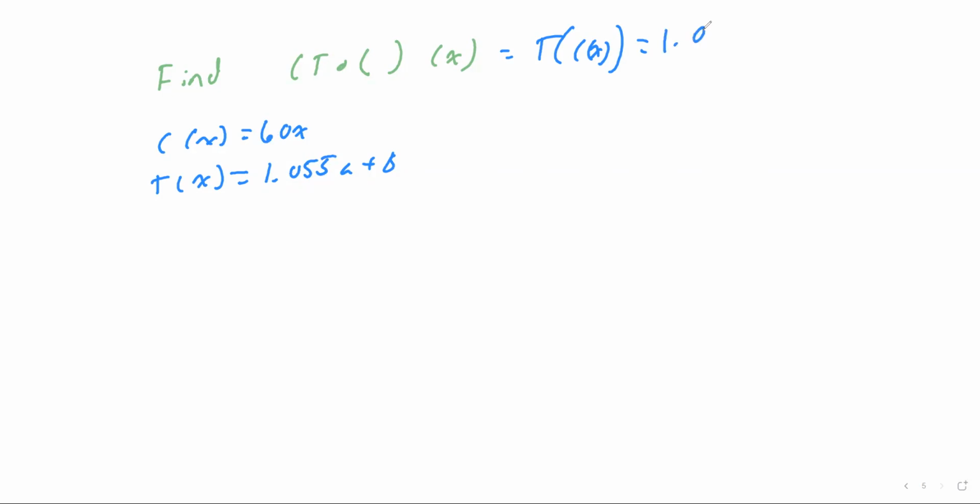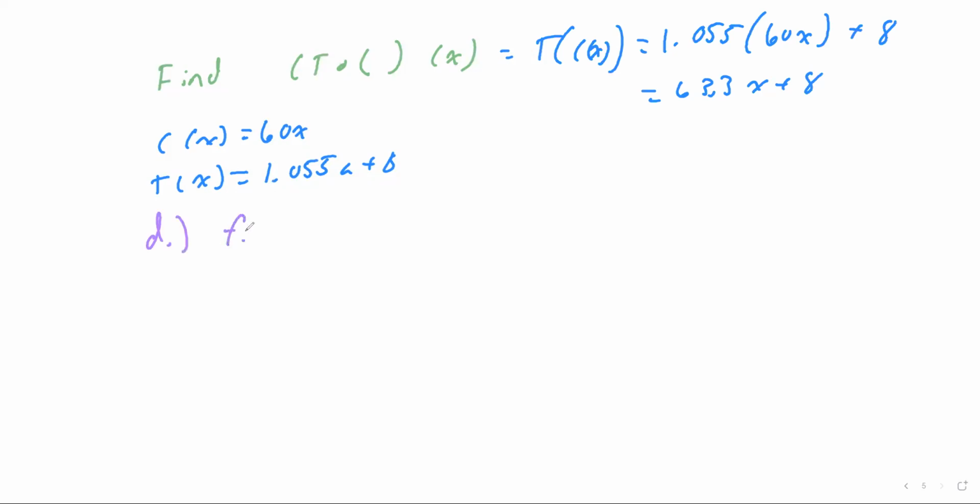That gives me 1.055 times 60x plus 8. Then you can clean this up and you see that 1.055 times 60 is 63.3x plus 8.